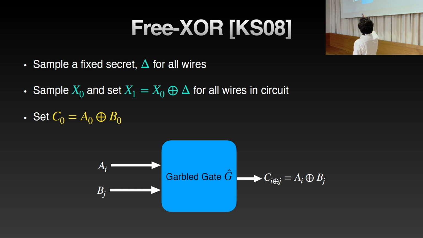Then you can just set the one label to be the sum of the zero label and this delta. When you set your output label for an XOR gate to be the XOR of the 2 input labels, this works out, and the evaluator can do the same on the other end when it obtains the labels.